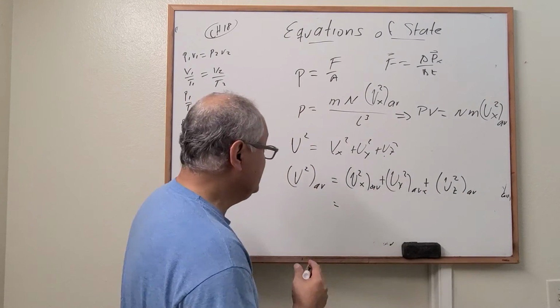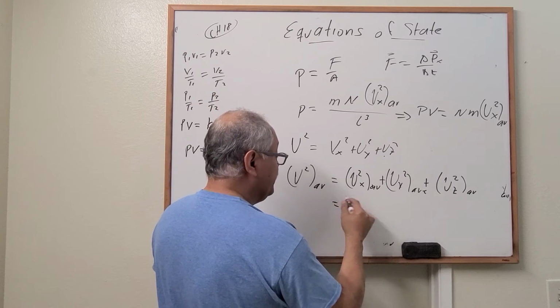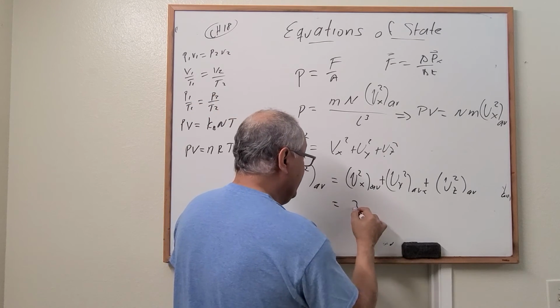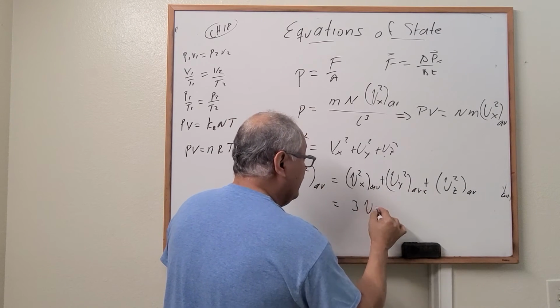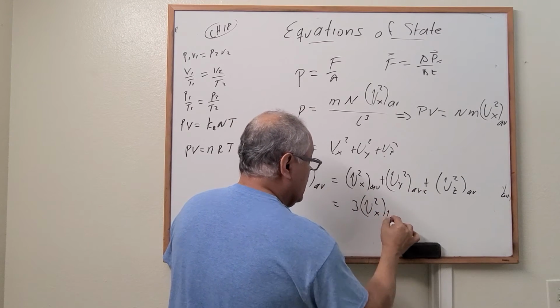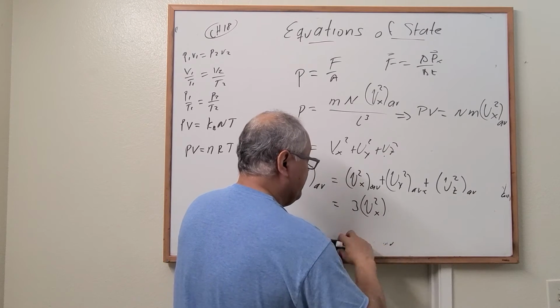So this is equal to, we can approximate this to, 3 times the average velocity squared in the x direction.